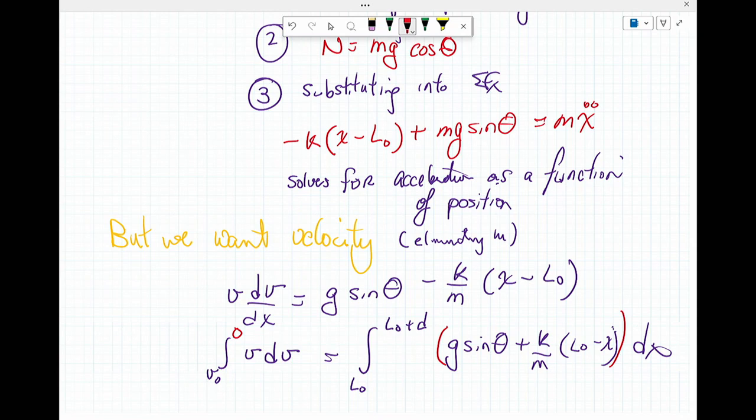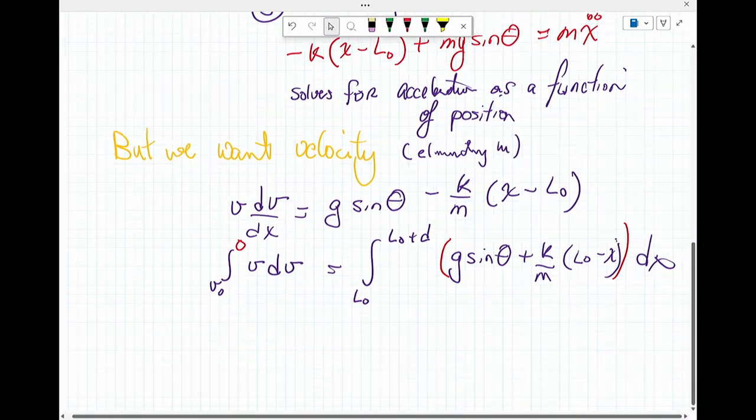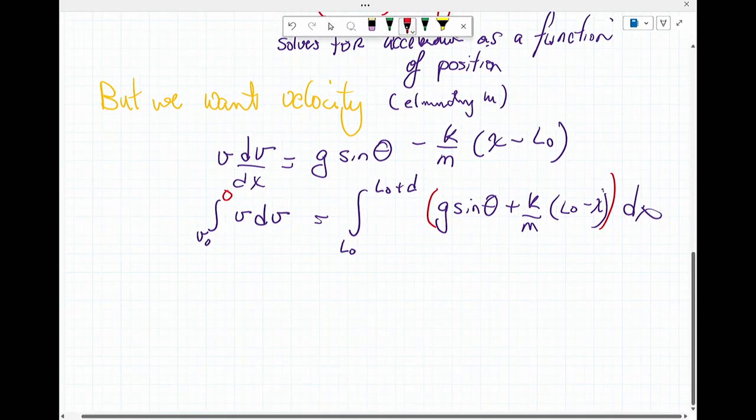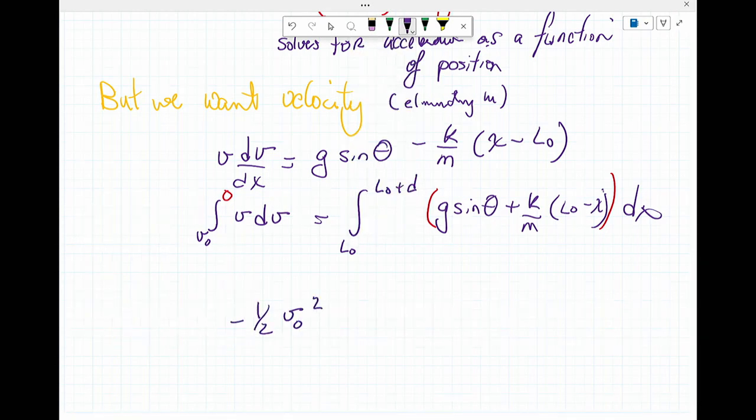So integrating this, I end up with this relationship. So in terms of the initial velocity, v naught squared, g d sine theta minus the spring constant times the distance squared is traveled over 2m.